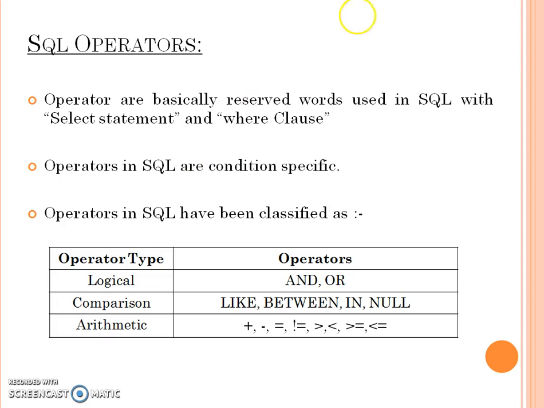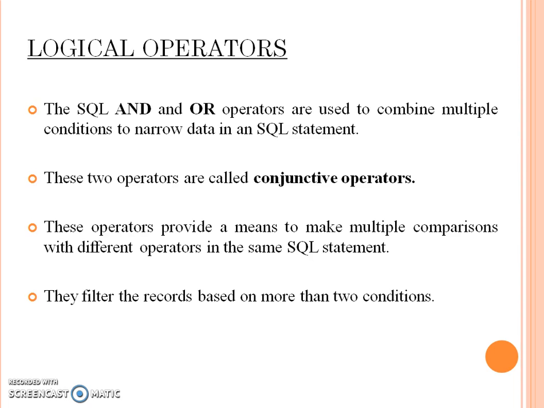Operators have been classified in SQL based on three categories, that are logical, comparison and arithmetic. In this video series, I will be talking about the AND and OR operators that come under the category of logical operators. AND and OR operators are used to combine multiple conditions and narrow down an SQL statement into a single result.